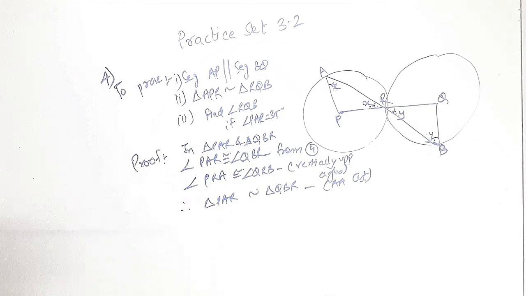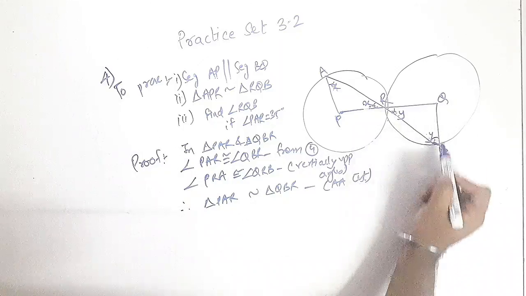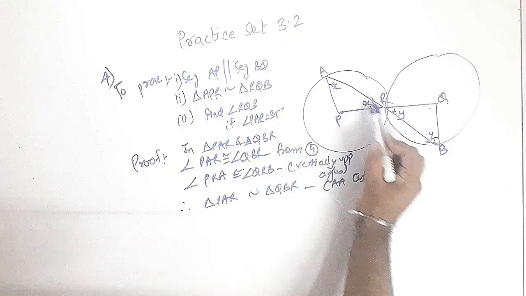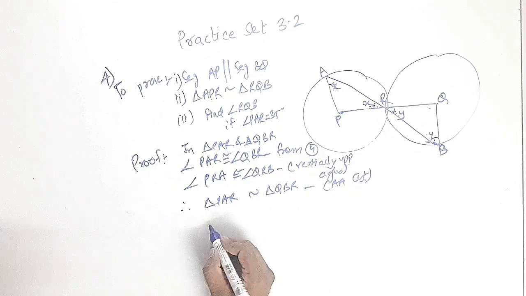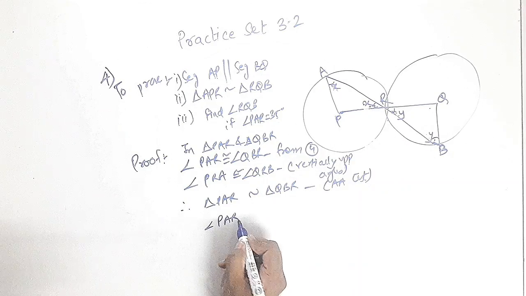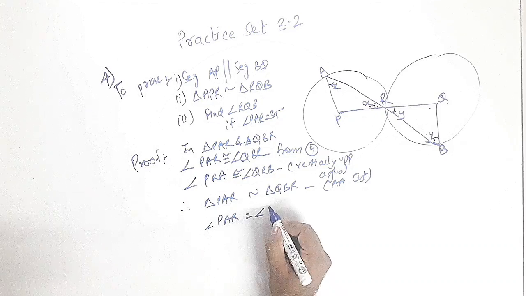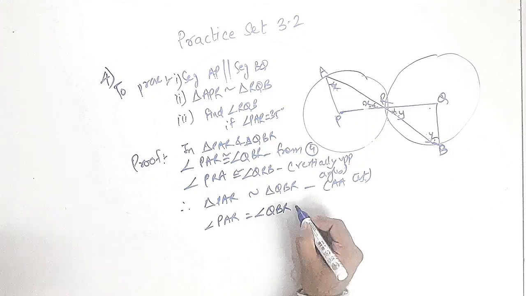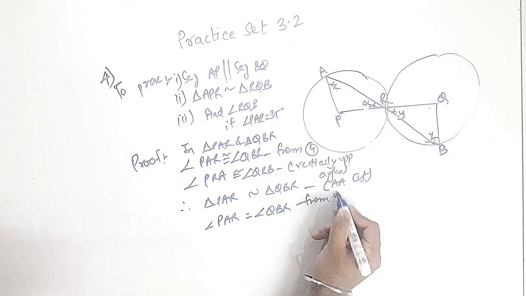Now what they have asked is, we have to find angle RQB if angle PAR is 35 degrees. First I'll write angle PAR is equal to angle QBR. This is from fourth.